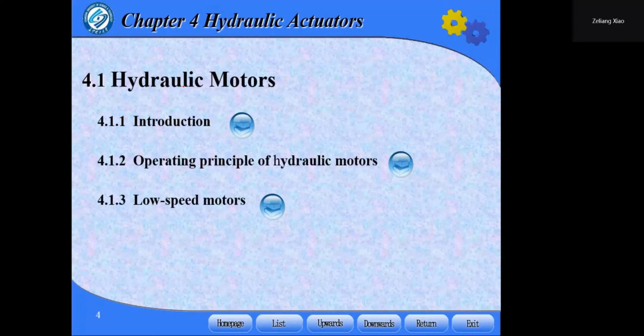Let me first introduce the hydraulic motors. 4.1.1 Introduction, 4.1.2 Operating Principle of the Hydraulic Motors, and 4.1.3 Low-Speed Motors.